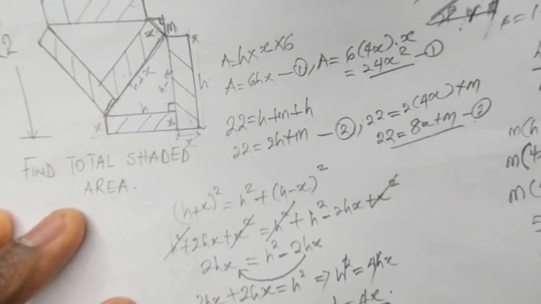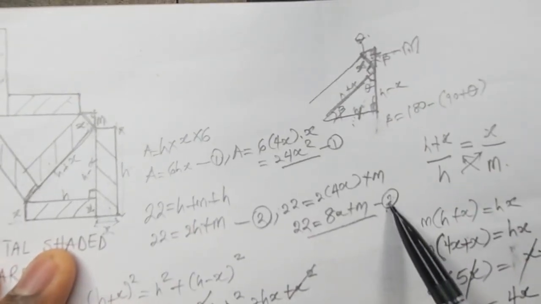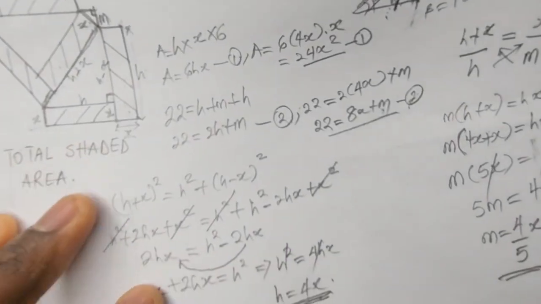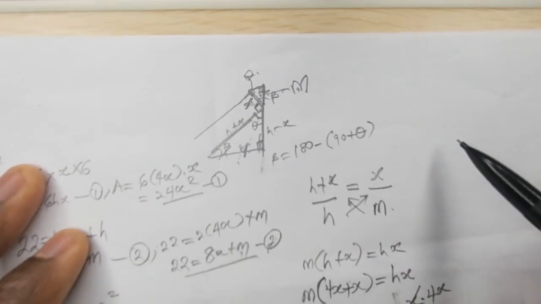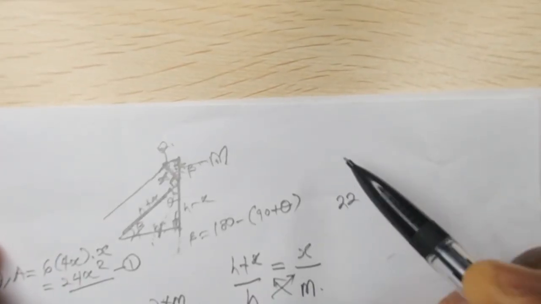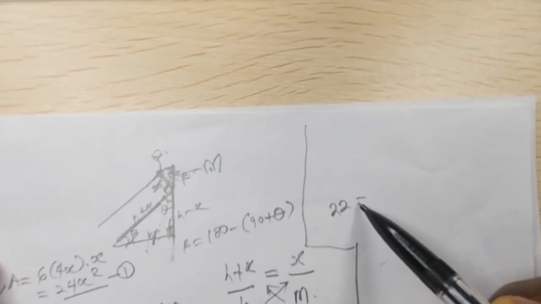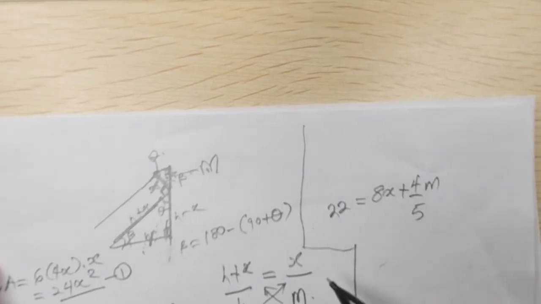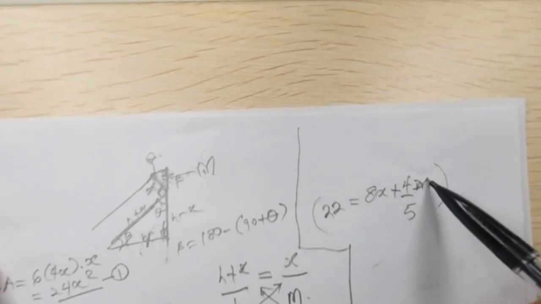Now, we go back to equation 2, right there. That's our equation 2. And then we plug in the value of m. So if we plug in the value of m, now we have 22 equals 8x plus 4 divided by 5x.